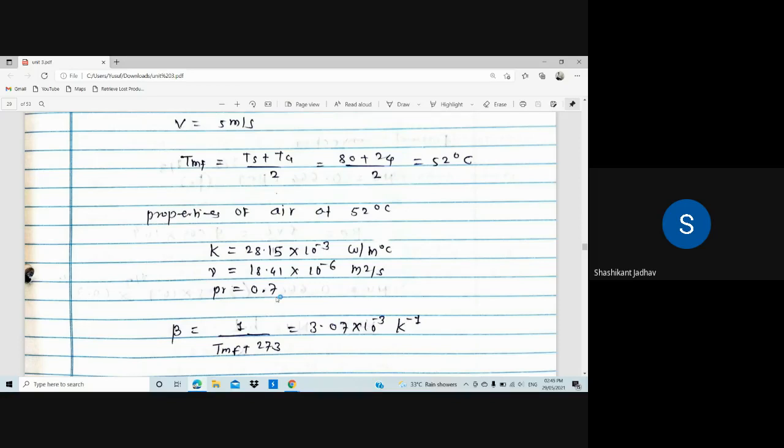Then kinematic viscosity nu is equal to 18.41 into 10 raised to minus 6 meter square per second. Then Prandtl number is equal to 0.7.